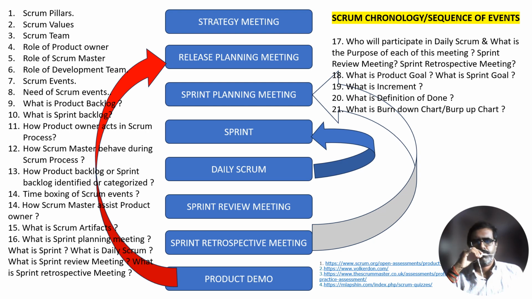So the product backlog is an emergent, ordered list of what is needed to improve the product. It is the single source of work undertaken by the Scrum team. The product backlog items that can be done by the Scrum team within one sprint are deemed ready for selection in the sprint planning event.